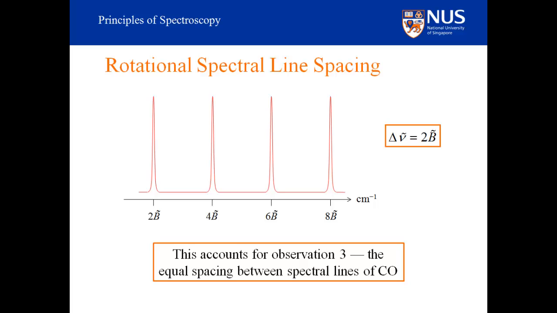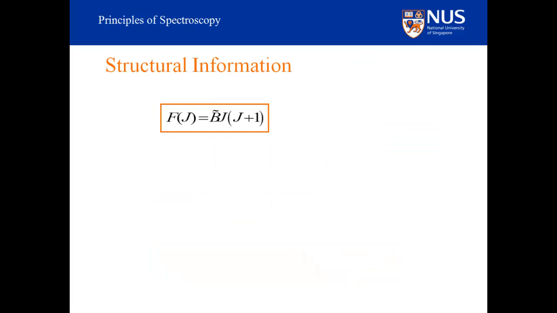This explains that part of observation 3, that the lines are equally spaced for molecules such as carbon monoxide. We've been able to explain the spectrum of carbon monoxide just by solving the Schrödinger equation. Although this is really quite fascinating, why do it? It is because it is going to give us structural information about the molecule.